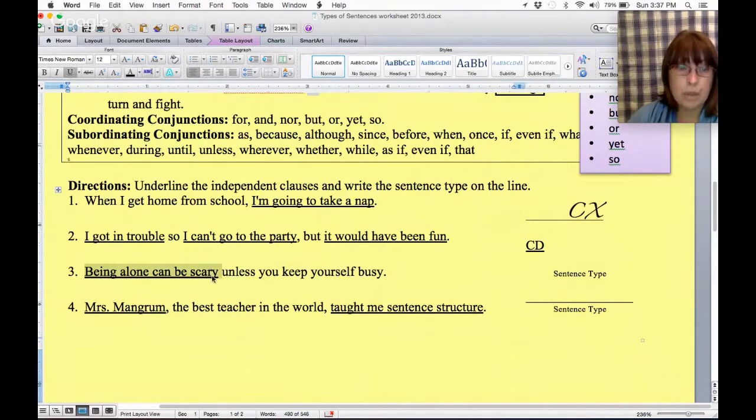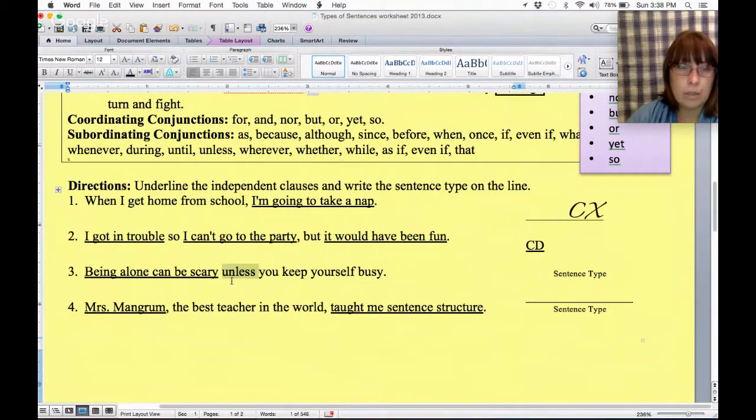So this one, we have one independent clause, being alone can be scary. And then we have a dependent or subordinating. I like to call it dependent because it's a little clearer. This does not make sense without that. It depends on this first part of the sentence to make any sense. So, unless you keep yourself busy. Unless is one of our subordinating conjunctions looking at the list.